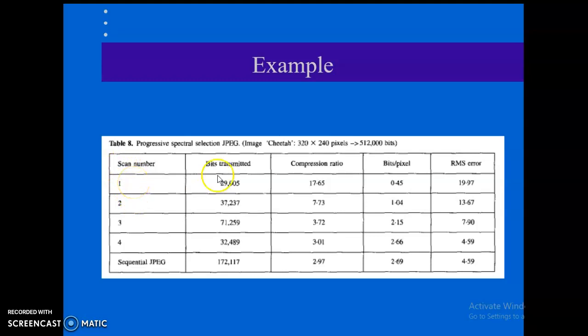In scan number 1, bits transmitted 29,005, compression ratio 17.65, bits per pixel 0.45, RMS error 19.97. Sequential JPEG: bits transmitted 172,117, compression ratio 2.97, bits per pixel 2.69, RMS error 4.59.